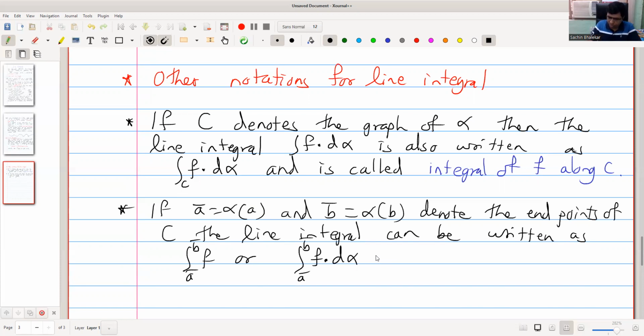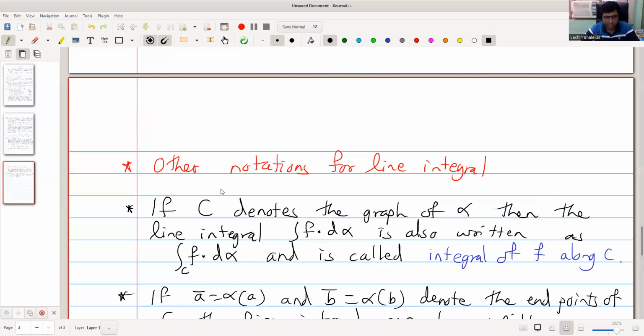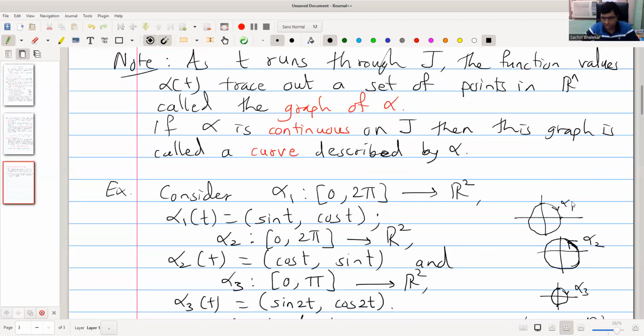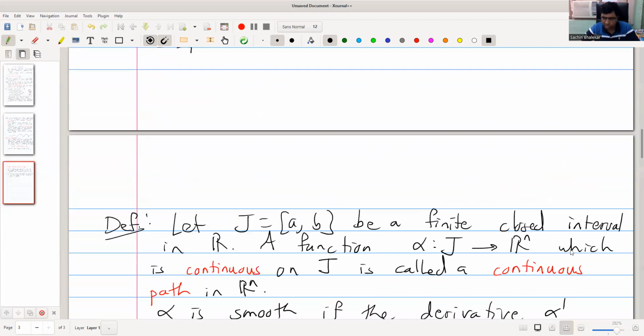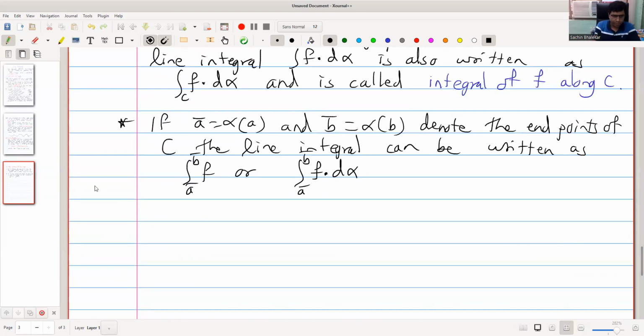When A bar equals B bar, then this path is said to be closed, like a circle as we discussed. So these are closed paths. If A bar equals B bar, that means alpha of a is the same as alpha of b, then alpha is a closed path.